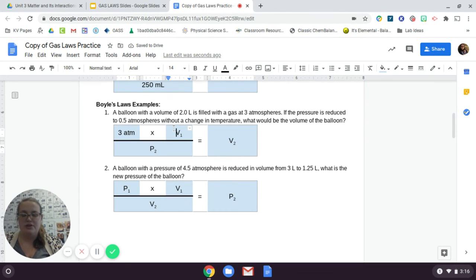And then I have an initial volume of 2 liters. My final pressure is 0.5 atmospheres. It says reduced to, so I'm going to do 3 times 2 divided by 0.5, which is 12. And then it's a volume, so it's going to be liters.